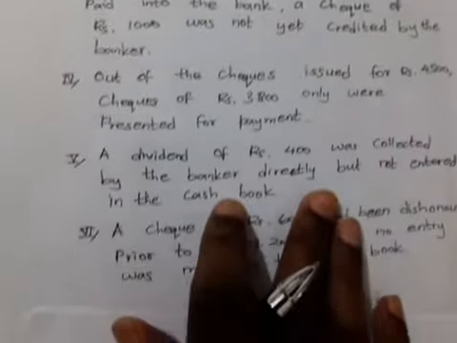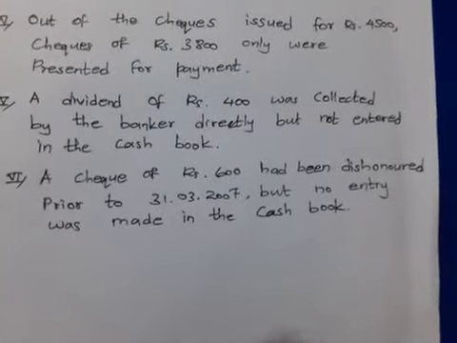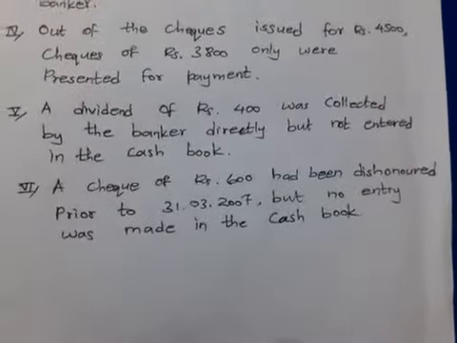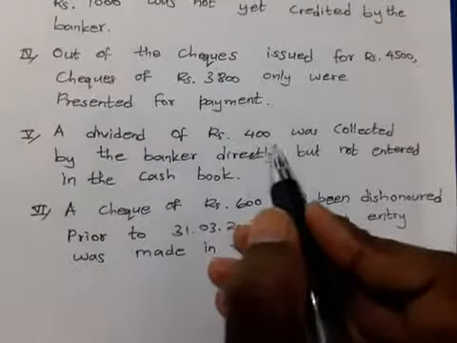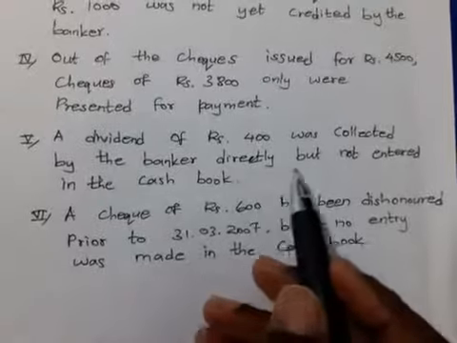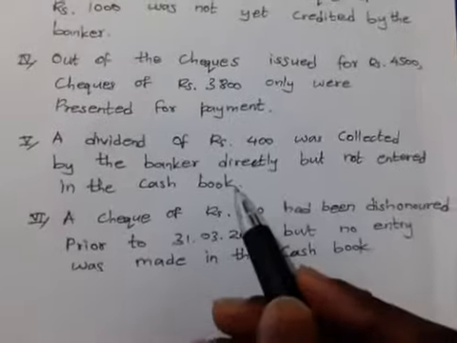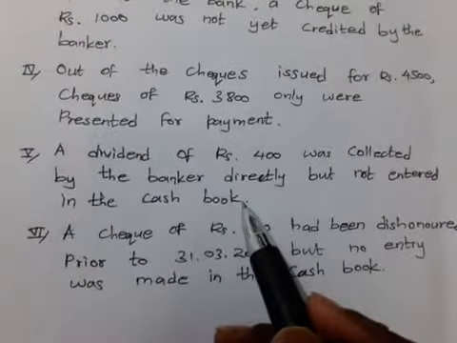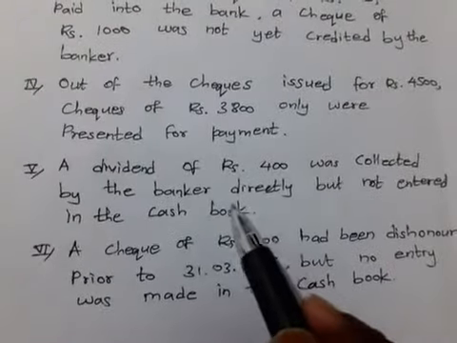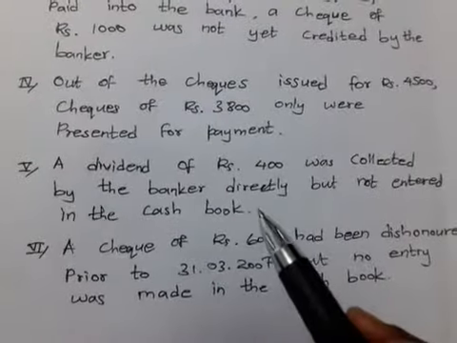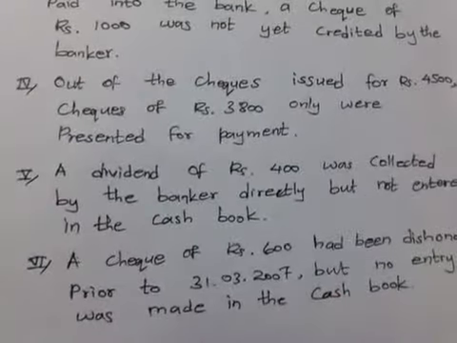The next one is a dividend of rupees 400 was collected by the banker directly but not entered into the cashbook, because of the instruction of the firm to the bank to directly collect the dividend or interest on the investment of the firm. So in this case a dividend is collected by the bank directly instead of the firm.